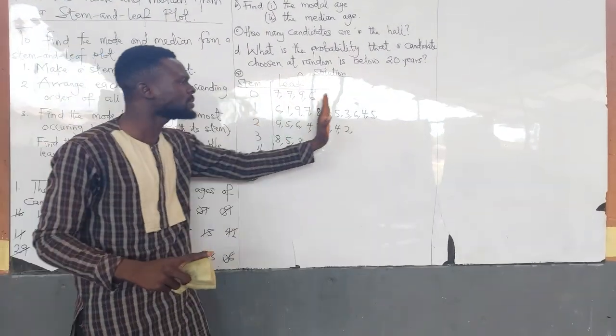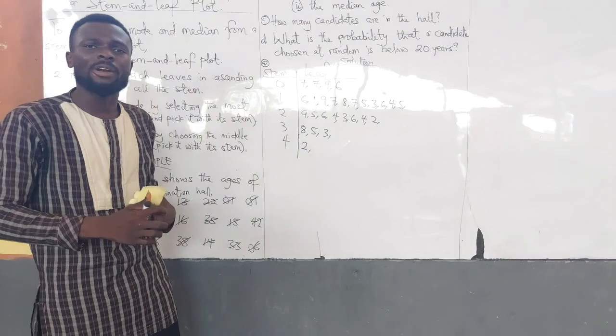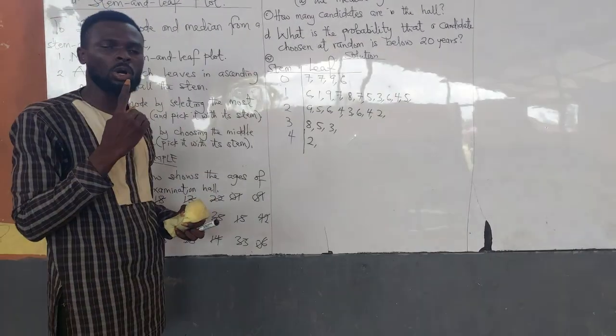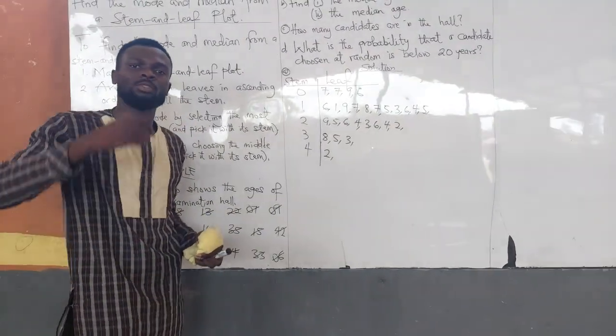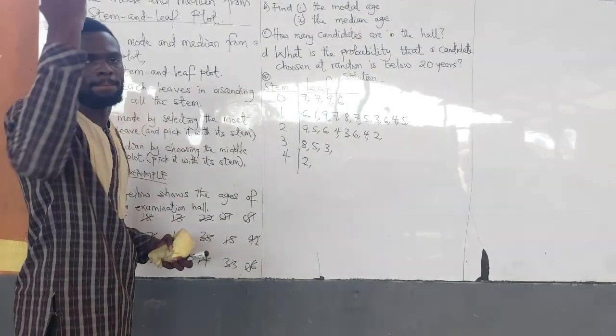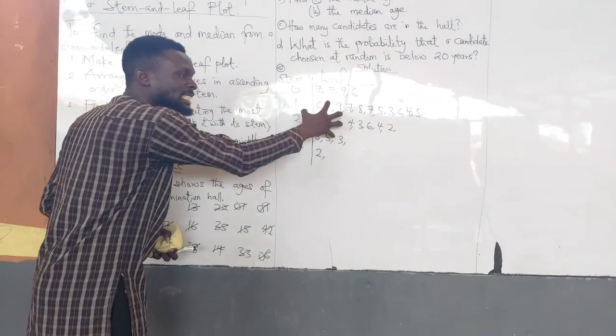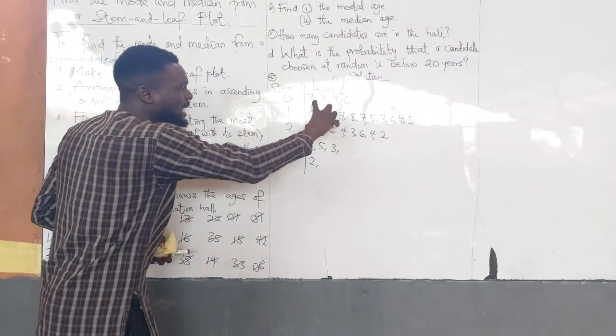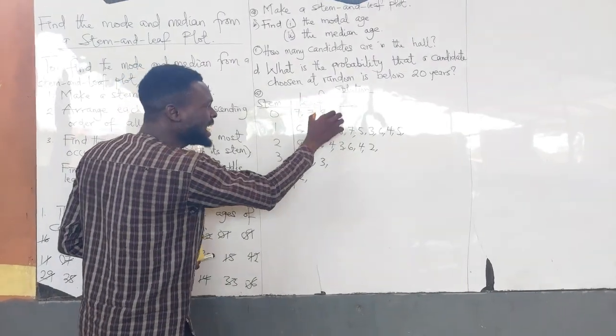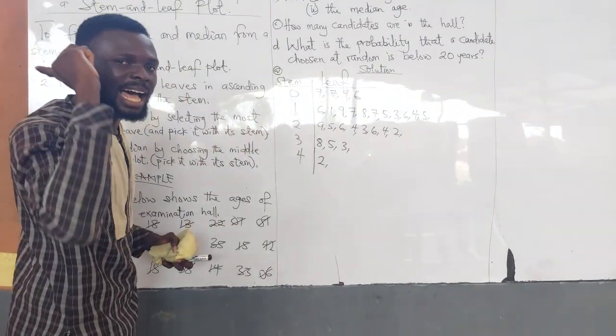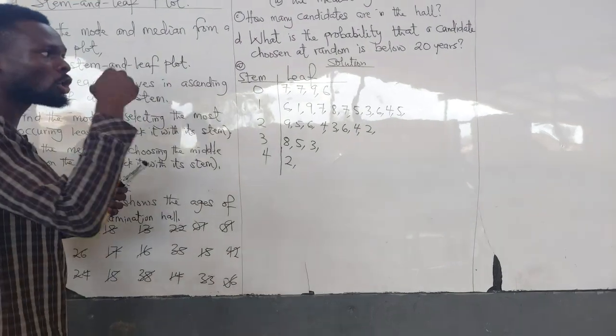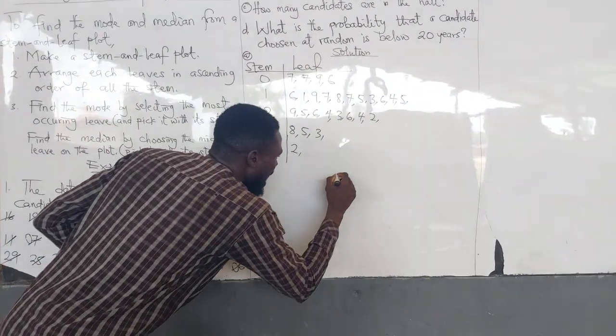So for all the stems that we have here, we are going to arrange their leaves in ascending order, meaning we have to draw another stem and leaf using the one we've already plotted. But this time, we will arrange each leaf in ascending order.